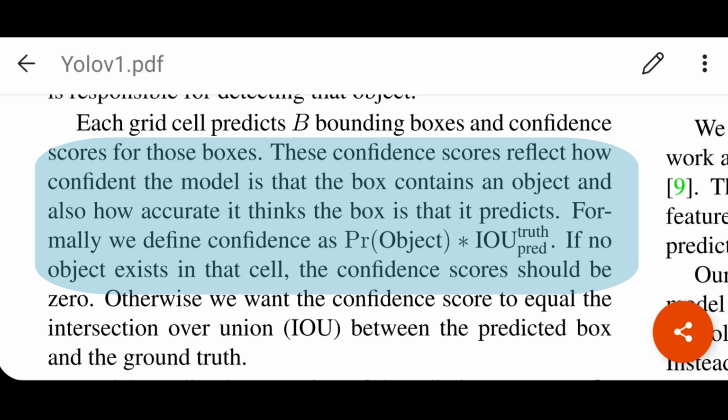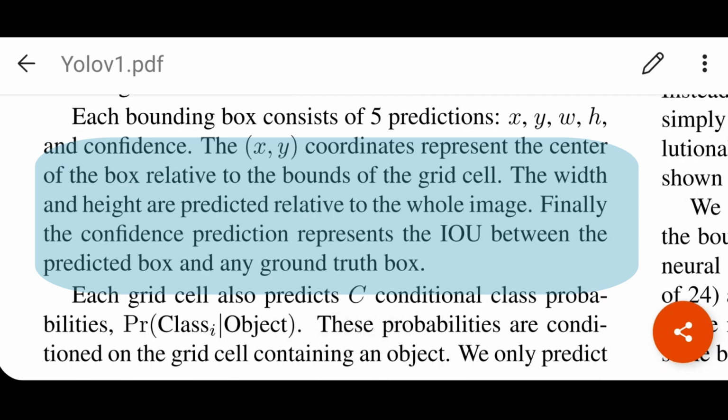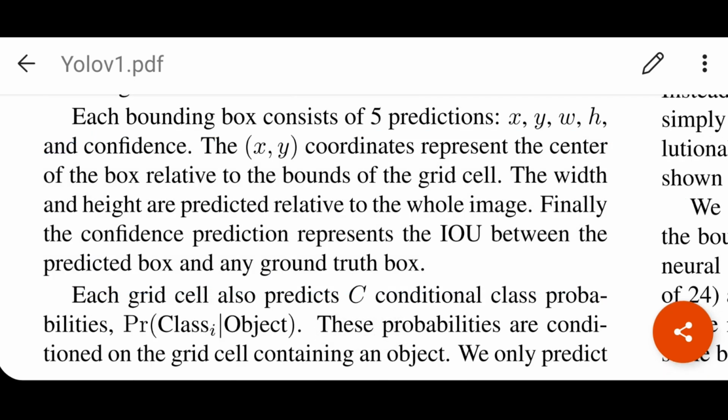Formally, we define confidence as probability of object times intersection over union between truth and prediction. Does an object really exist there? Is there any object, or is it a background? If it is a background, it will be 0. Each bounding box consists of 5 predictions: X, Y, W, H, and confidence.